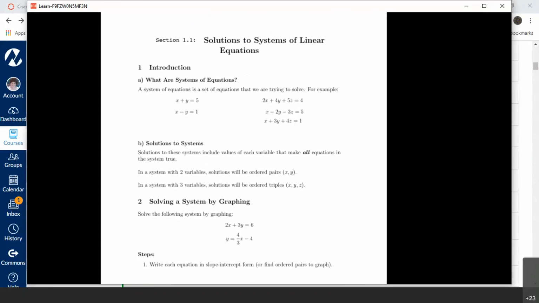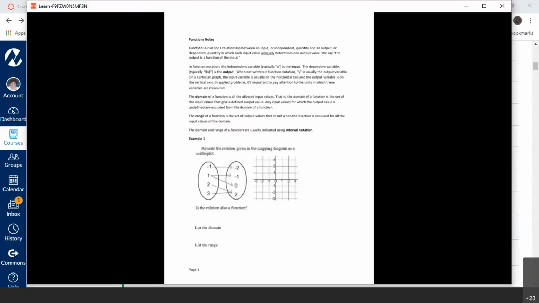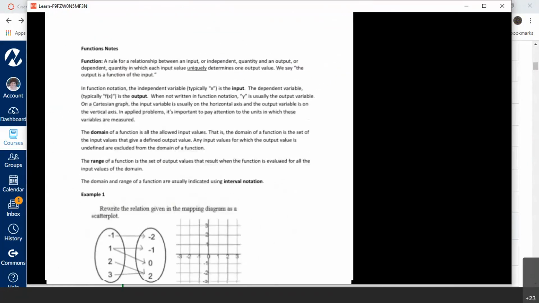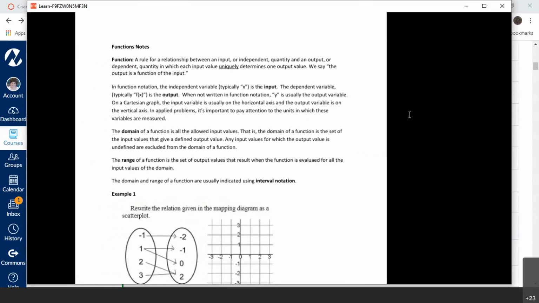Oops, wrong thing, my bad. Hold on. Function notes. Okay, so everybody's seeing function notes? If you could just give me a shout out or in the chat. Can everybody see it? We want to make sure the technology's working. Yeah, we can. Good. Awesome.